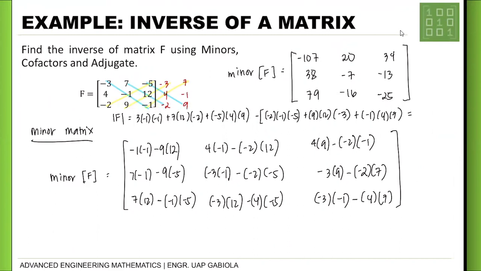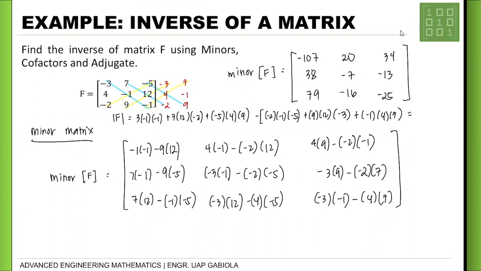3 times negative 1, negative 1, plus 7 times 12, negative 2, plus negative 5, 4, and 9. Then we have negative 2, negative 1, negative 5, plus negative 3, plus negative 1, 4, and 7.